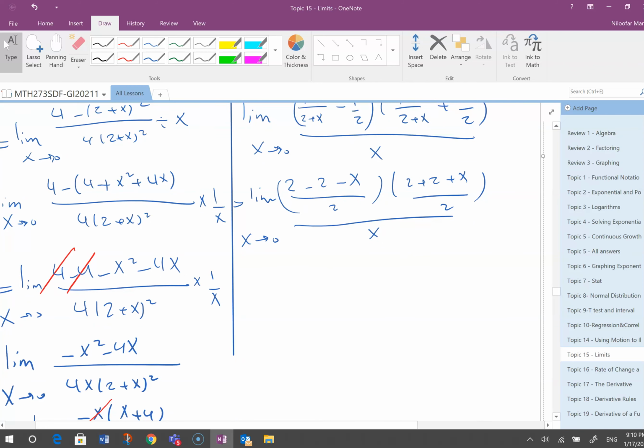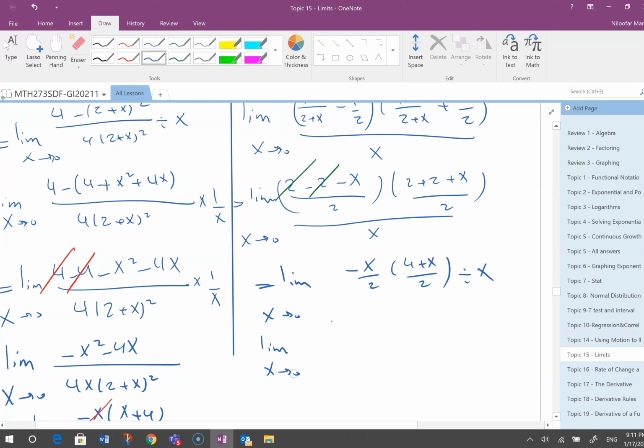Okay, see, I can cancel this and this, and then it is equal to the limit as x goes to 0 of (minus x over 2) times ((4 plus x) over 2), divided by x. Problem still exists.